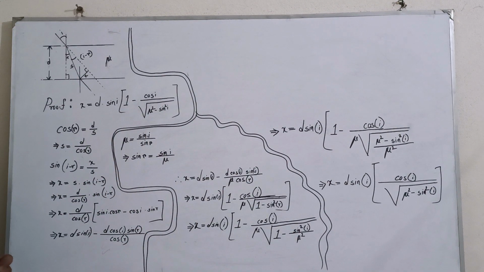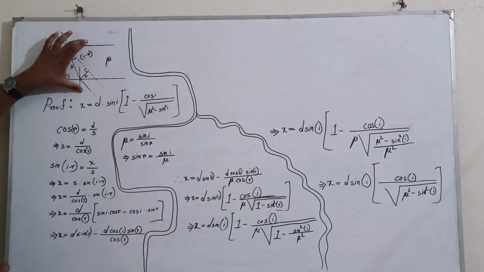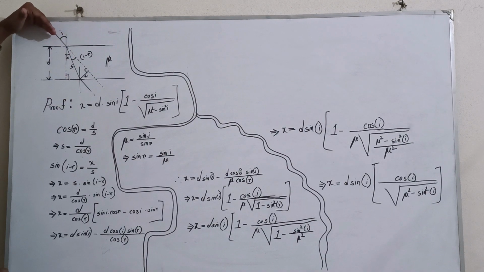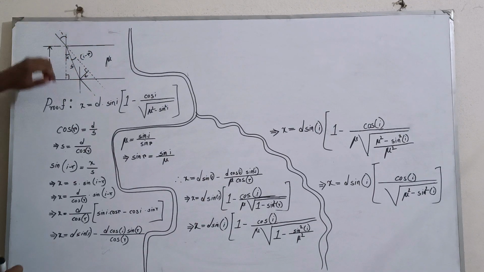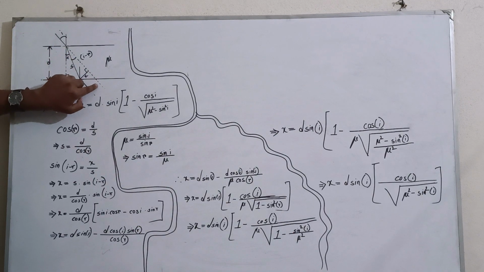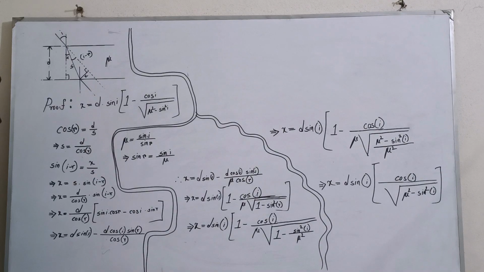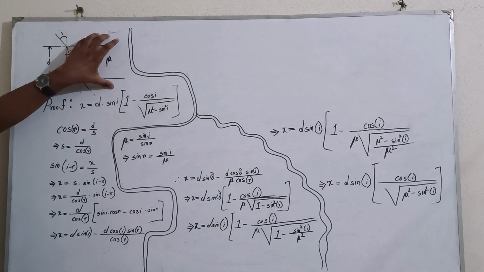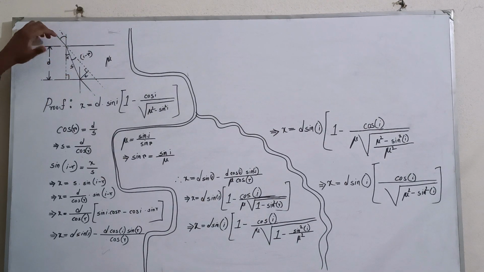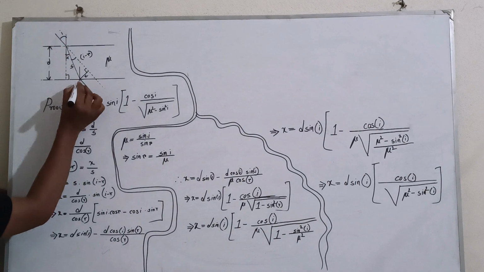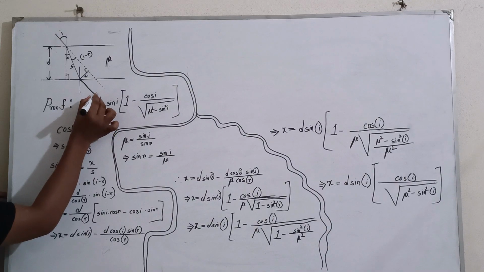So they asked us to find, if there were no plate and the light were incident without this plate, the light would have traversed in this dotted direction. But due to the plate, the light was bent and eventually traversed in this direction.